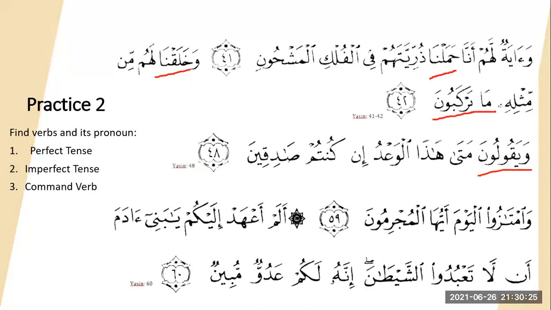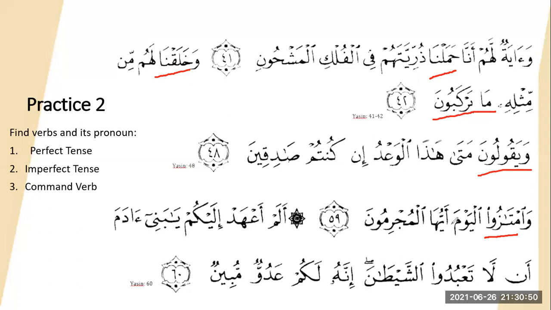So there's only one left. Wamtazu. Actually, it's imtazu, but because of the wa there, it's wamtazu. What verb is that? Amr. It begins with hamza. Wow means and, a separate word.